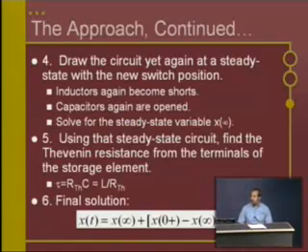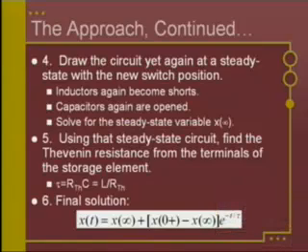Then we find the Thevenin resistance from the terminals of the storage element, and we use that to solve for the time constant itself, which gives us a final solution where the final steady state condition, x of infinity, becomes the value of K1, and the value of K2 is the difference between the initial condition and the steady state final condition. And again, that time constant goes as the fraction in the decaying exponential.